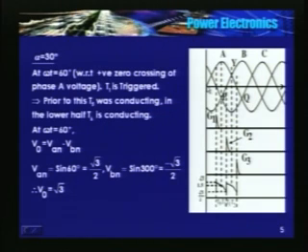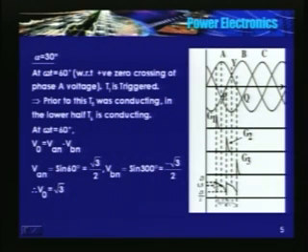So at alpha equal to 30, the instantaneous value of VAN is proportional to sin 60, that is root 3 by 2, and VBN is sin 300. With 6 conducting, it is minus root 3 by 2. Therefore the value of the output voltage VO is VAN minus VBN, which is found to be root 3.